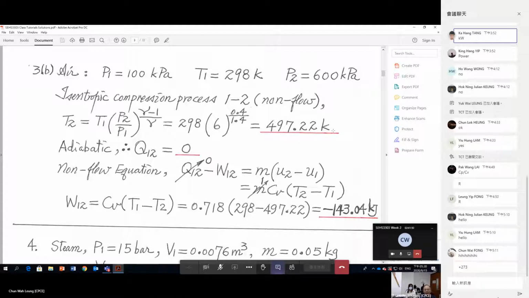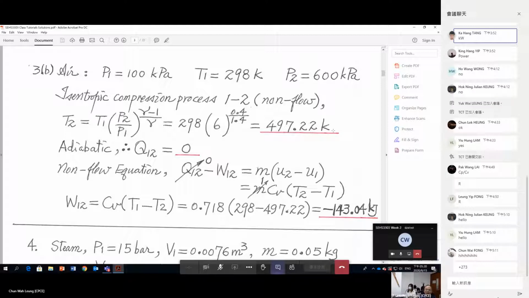Q12 minus W12 equal to mass times U2 minus U1. Q is 0. M is 1. And then we can rewrite U2 minus U1 into CV times T2 minus T1. Right? Perfect gas, U equals CVT. Therefore, the work done is CV times T1 minus T2.